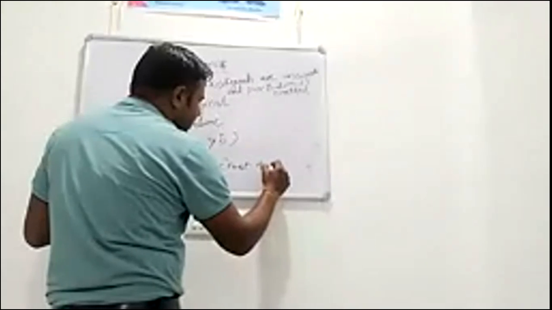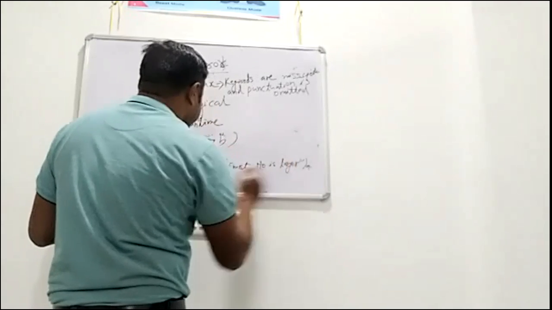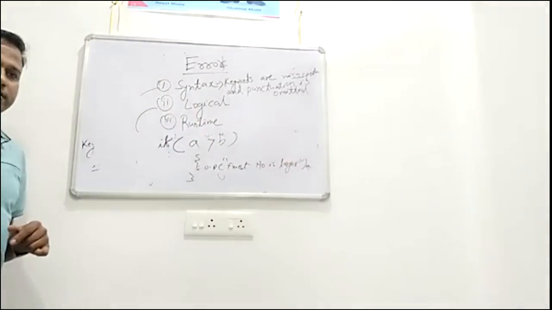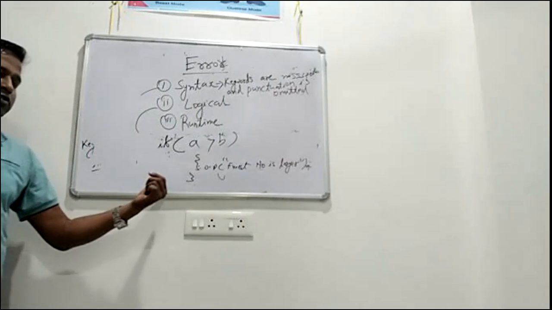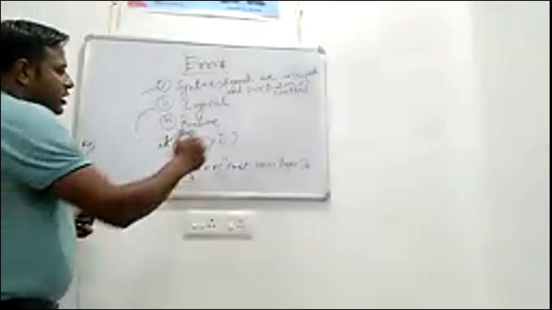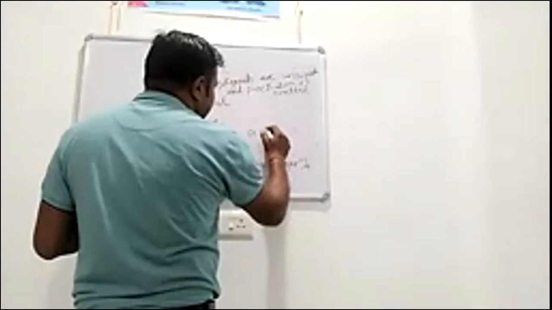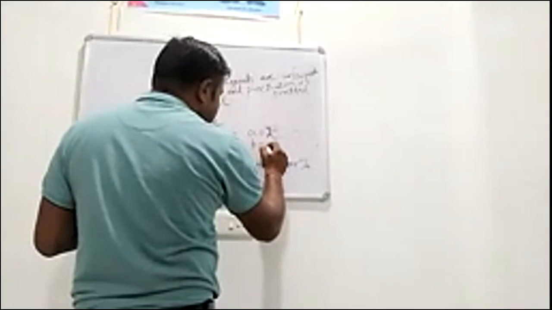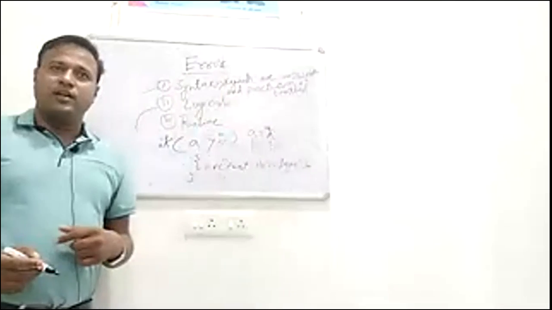So I give that syntax. If A is greater than B, it shows you the first number is greater. Now what happened here? If you pass A equals 20 and B equals 10, then it shows you the first number is greater.